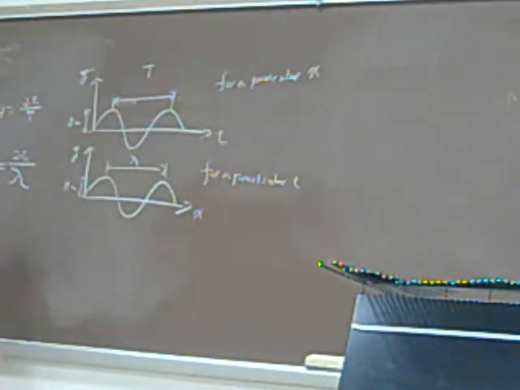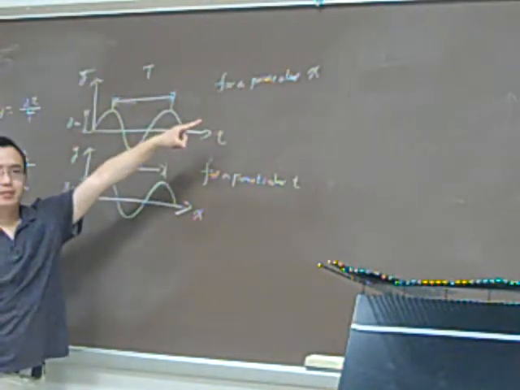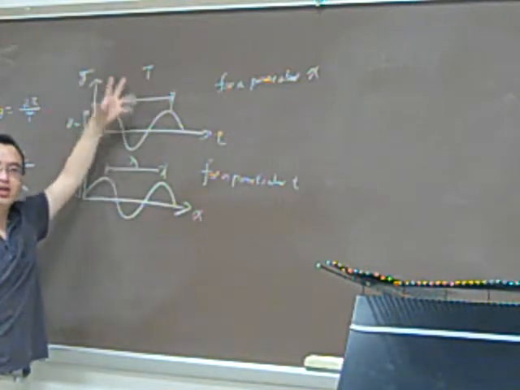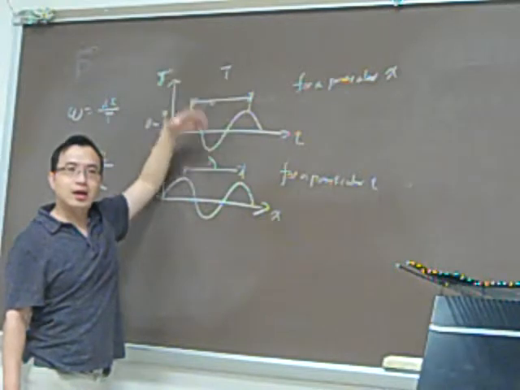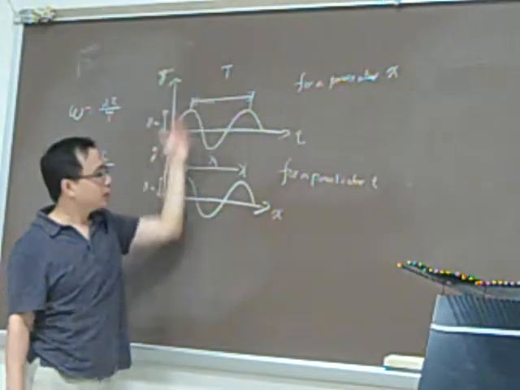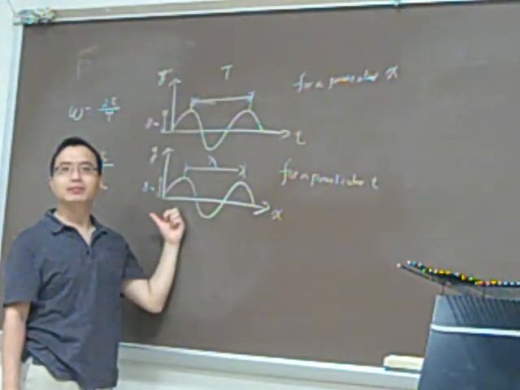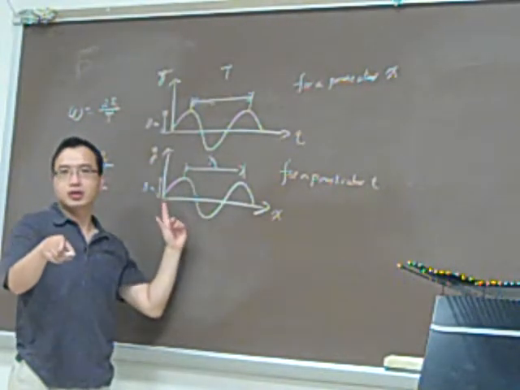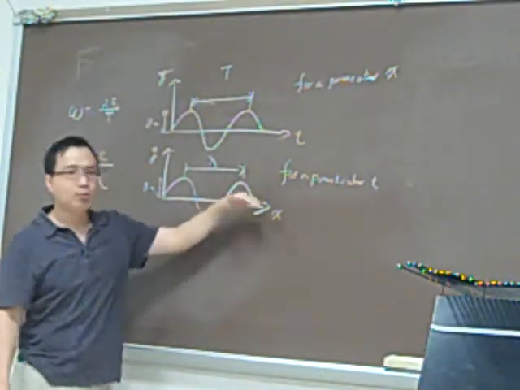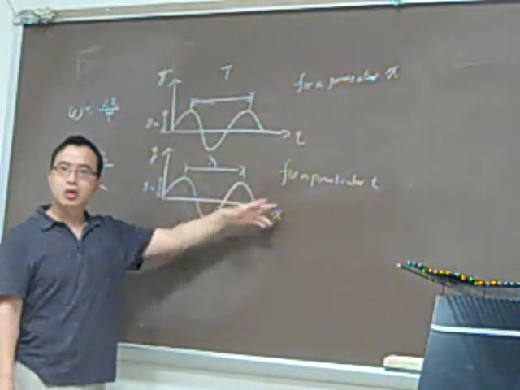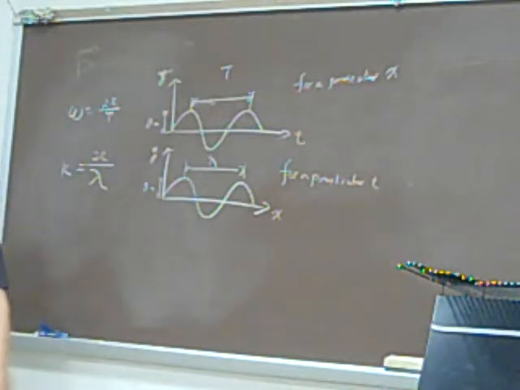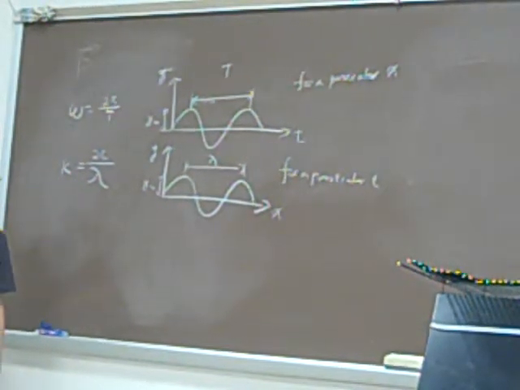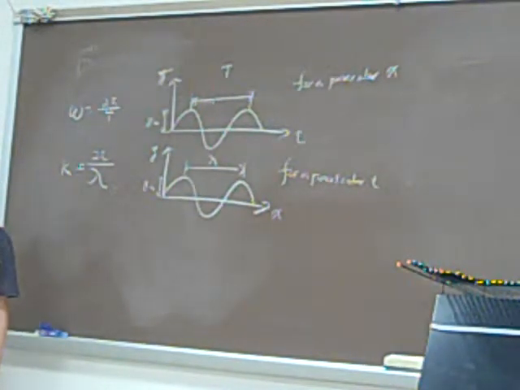In another word, in this one we fix the position and look at the development of the motion as time changes. And this one we fix the time, or freeze it. So look at different points. What is the motion? What is the oscillation position at a different place? Any question here?